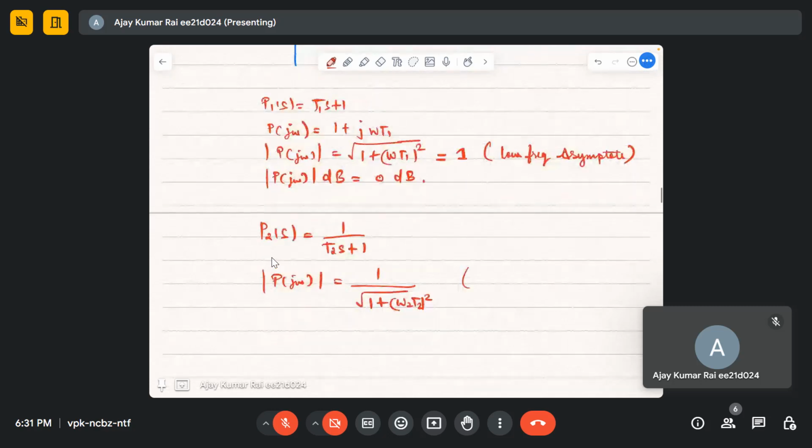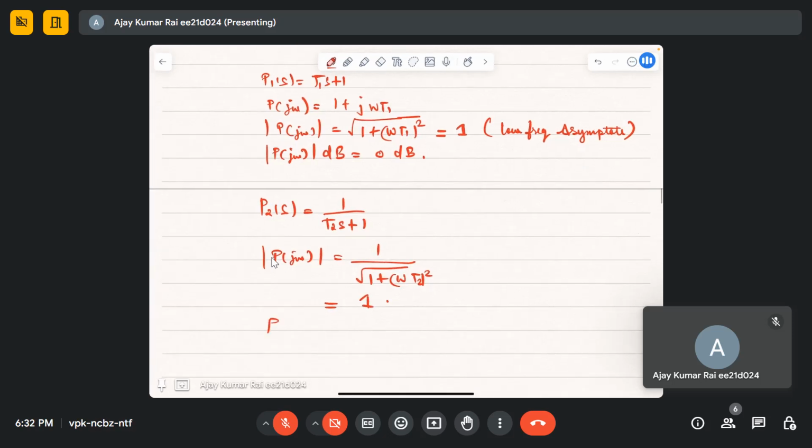For the low frequency asymptote, omega is very small, so you neglect it compared with 1. The magnitude is again 1, and 20 log of 1 is equal to 0 dB.